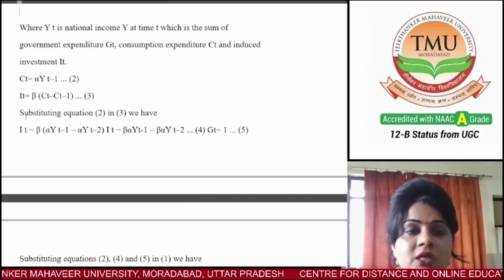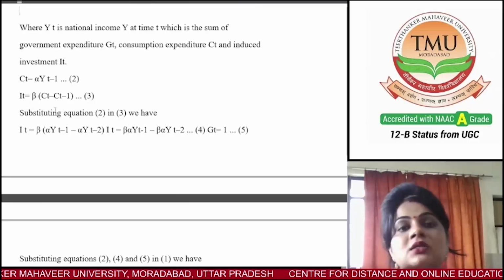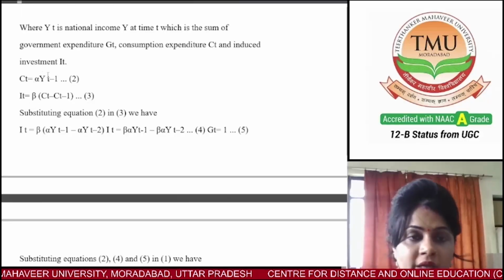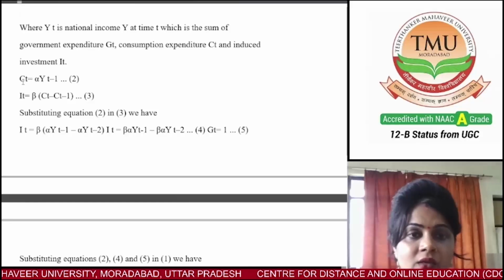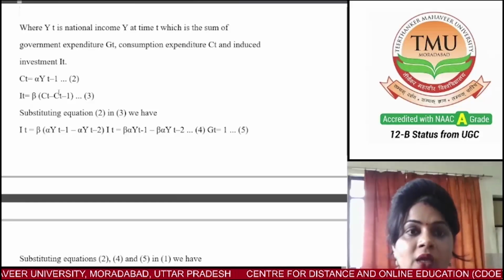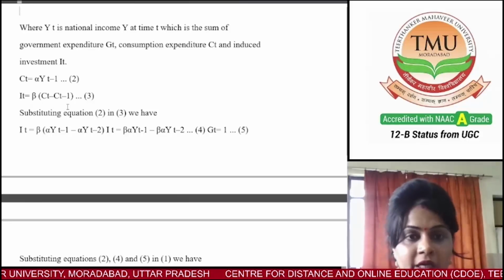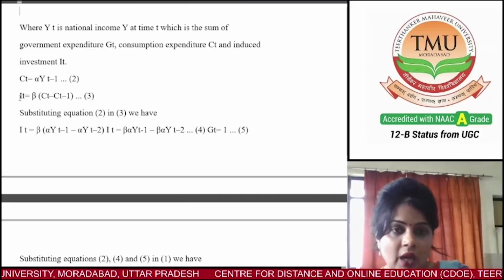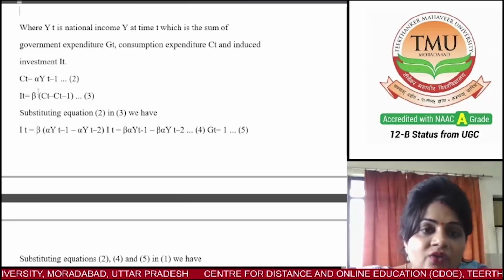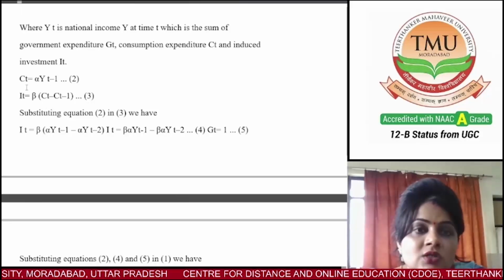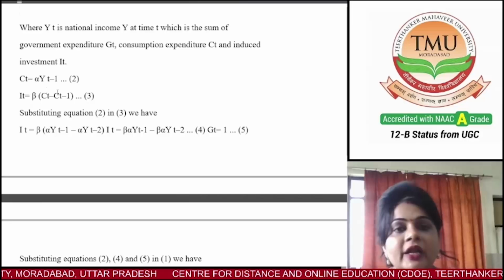CT is equal to alpha YT minus 1. It's the second equation, and the third is IT equal to beta times CT minus CT minus 1. You can take alpha YT minus 1 in place of CT. I will explain again: in place of CT we can take alpha YT minus 1, because CT is equal to alpha YT minus 1.